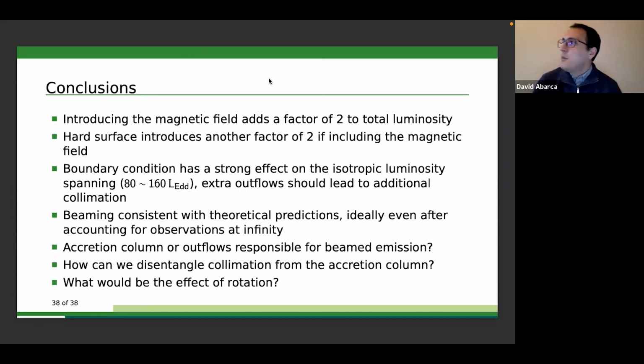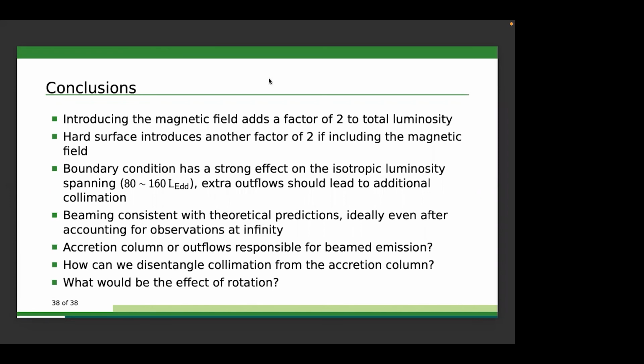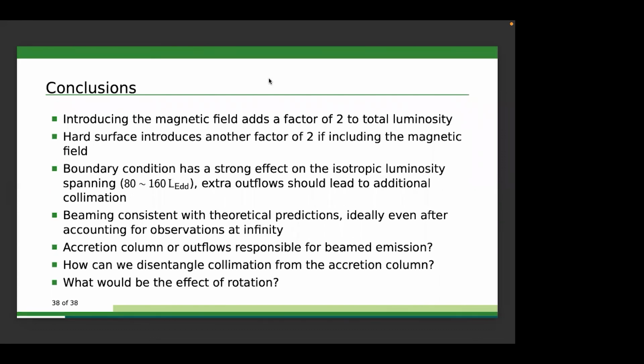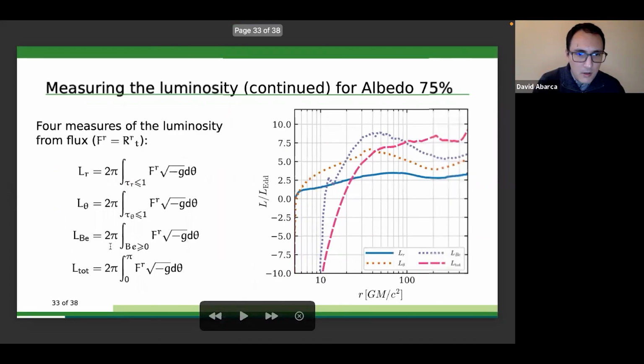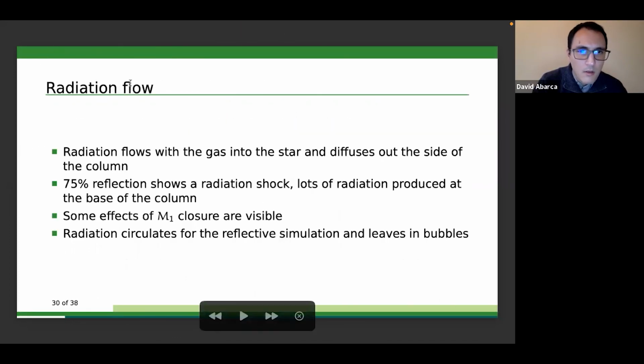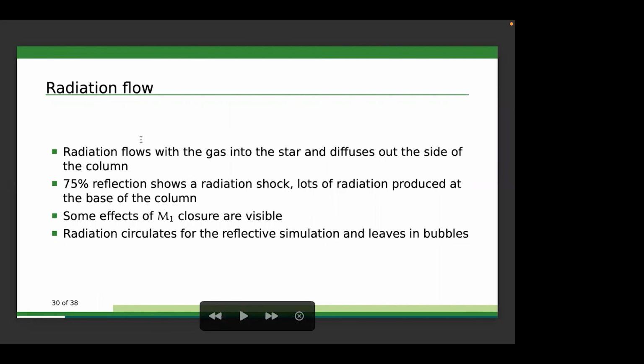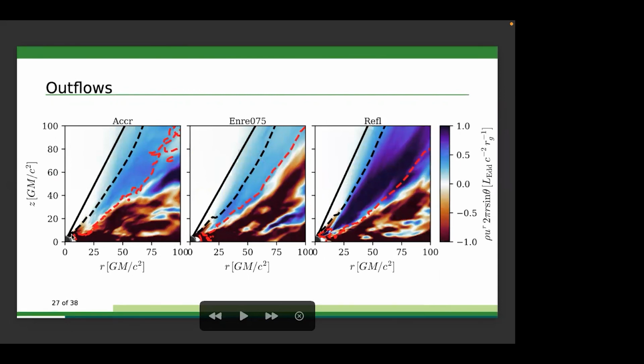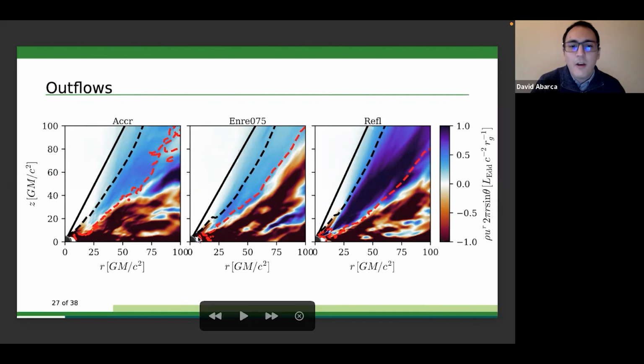And the problem is that in order to produce beaming, you need to have a significant outflow. And if you have a strong magnetic field, I think I showed earlier that there is no outflow released in this area where the magnetic field has truncated the accretion flow.